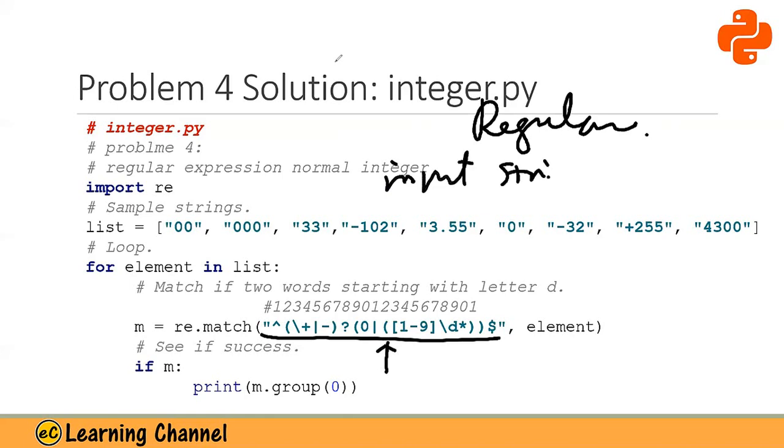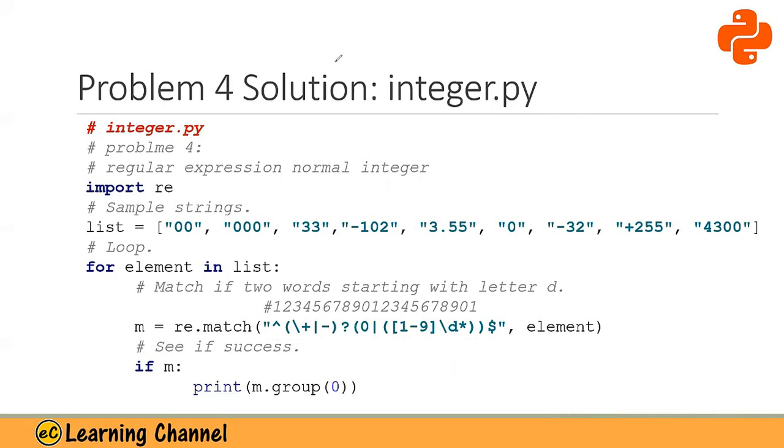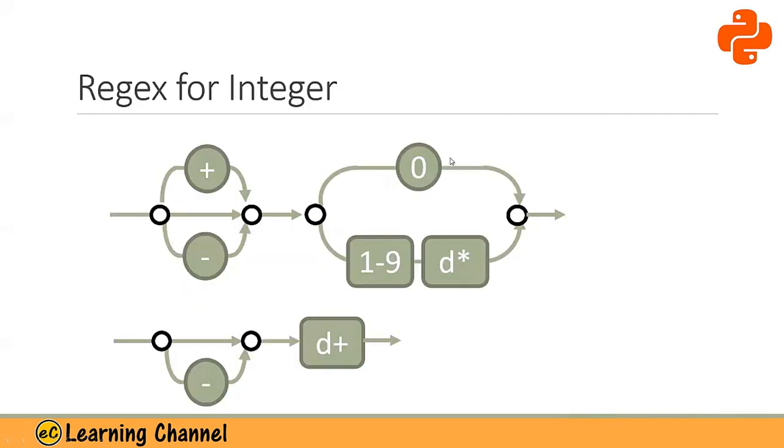This particular one is to check integers. Our integers are normally like plus 5, minus 2, 0, 259, minus 304. Is that okay, Ophelia? Yeah. Maybe you have no confidence.